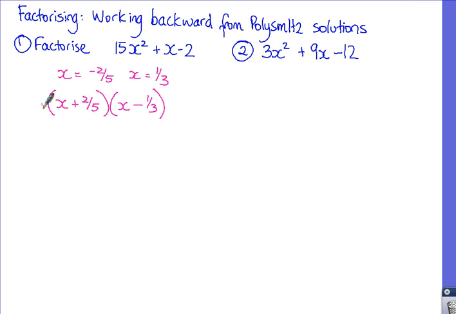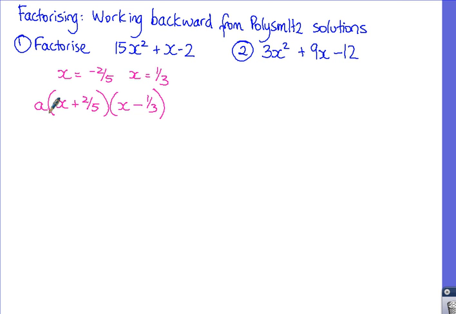Now, just in case, we need to put an a in front, in case there's another factor that we don't know at this point. So what we need to do now, for each factor, is multiply by the denominator to get rid of the fractions.